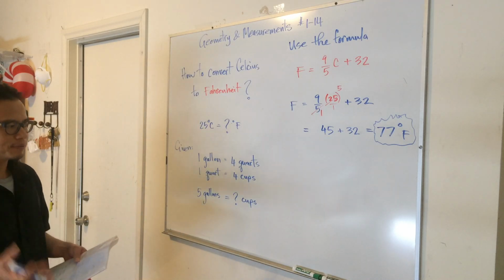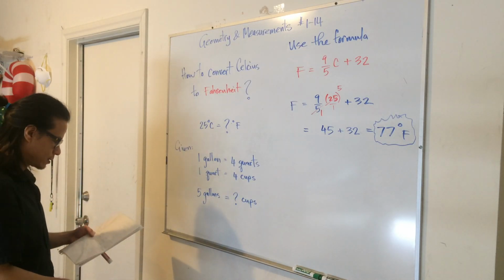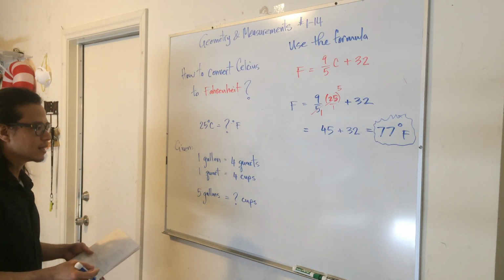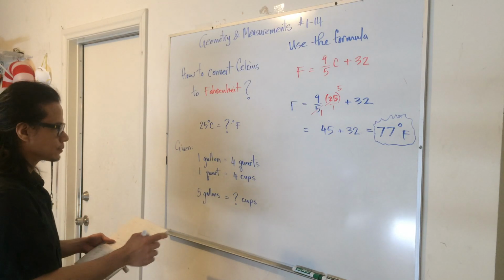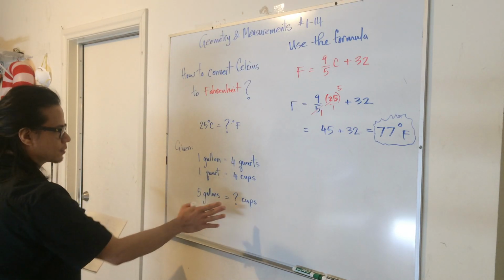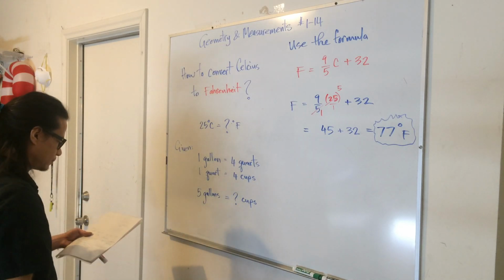Different students have different ways of going about figuring this out. Some people like to use dimensional analysis like they learned in science. I'm going to check again to see what the question is asking here. So 5 gallons is how many cups?